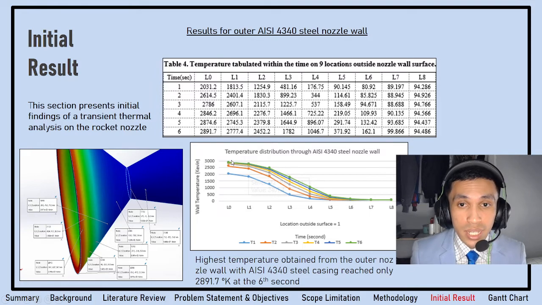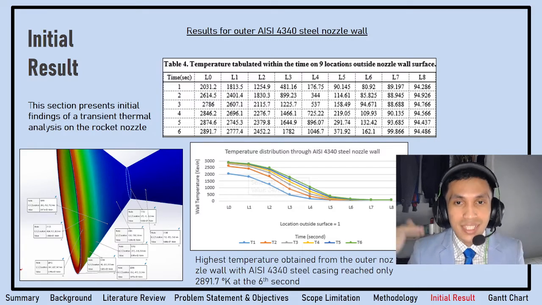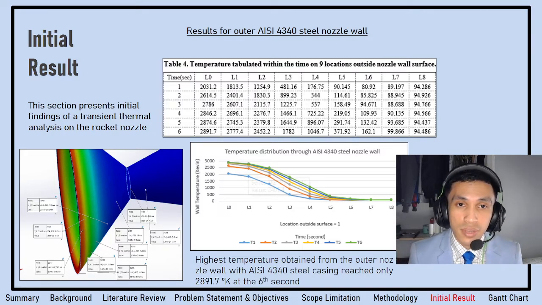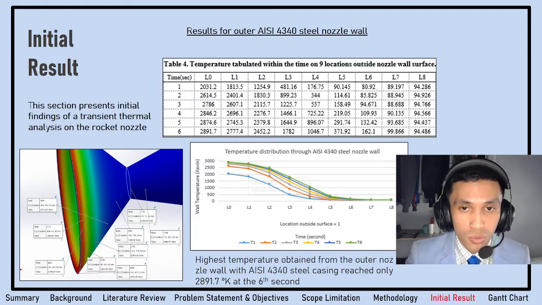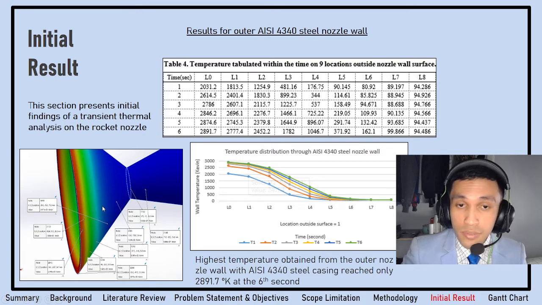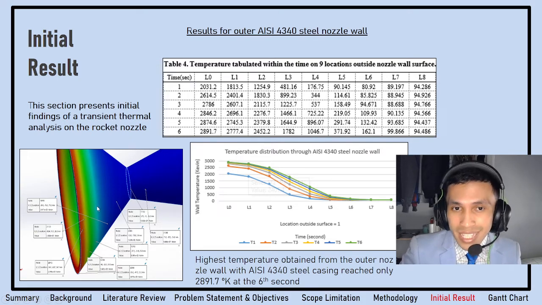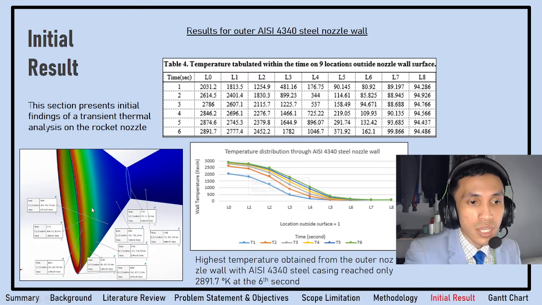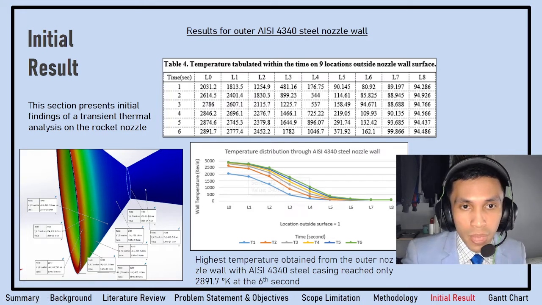This can be concluded that the casing can maintain a lower temperature even though the temperature inside of the nozzle is higher at 3000 Kelvin, which is distributed through convection and radiation on the wall. The figure here shows the result from the probe on each of the locations pointed on the nozzle surface, just like I showed in the video before.